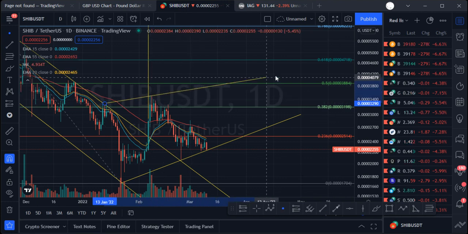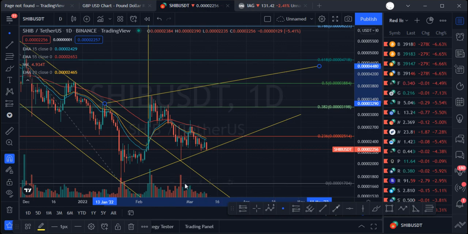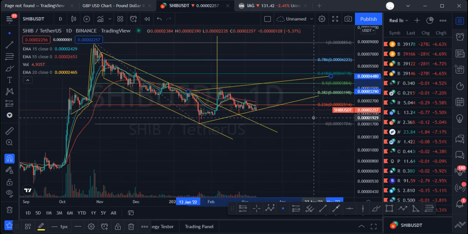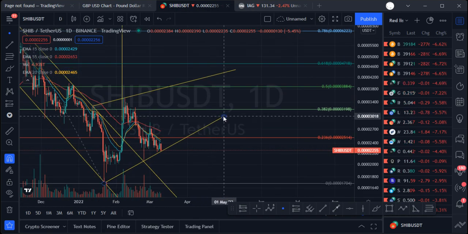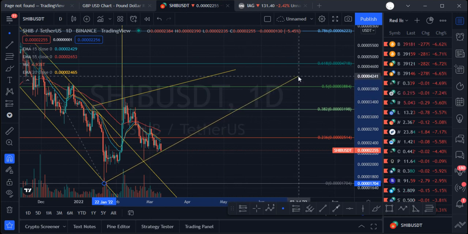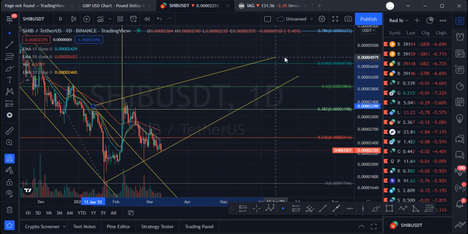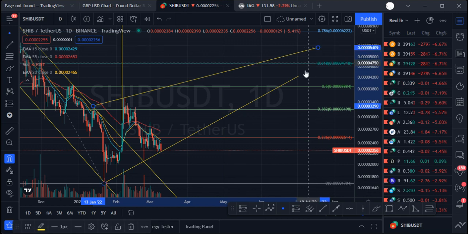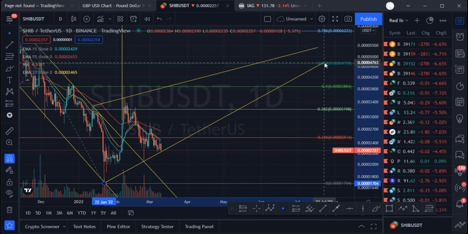Now, I'm wondering if it's going to create something else. I'm wondering if it's going to create a rising wedge. Right, what is a rising wedge?